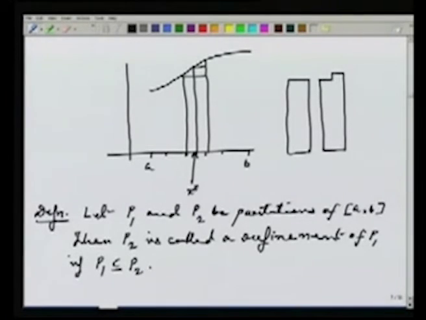It just means that given the partition P1, I have inserted some more points in the partition to create P2. So P2 is actually breaking the interval in a more refined fashion than P1. That's why it is called the refinement of P1.